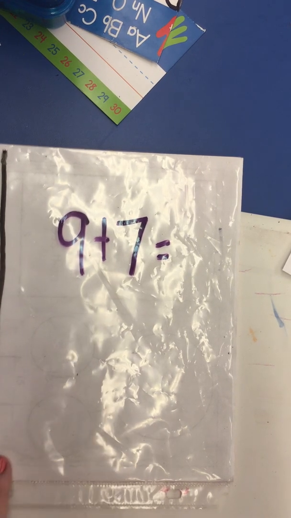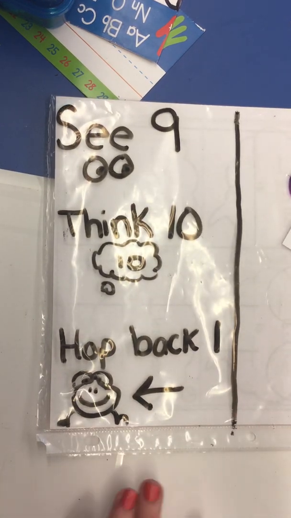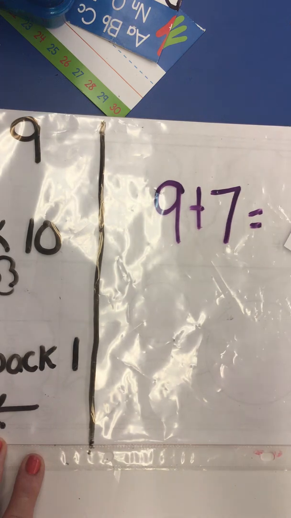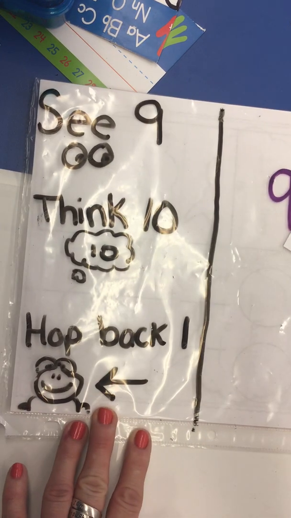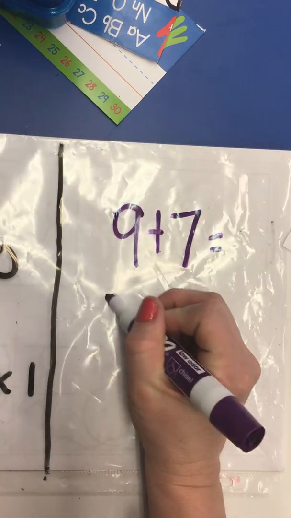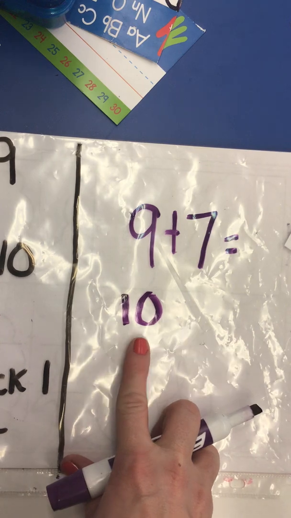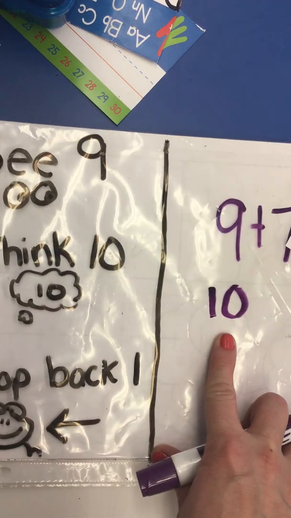Okay, so yesterday we learned C9. Do we see a 9 here? Yep. Think 10. We're going to be doing this more in our heads, guys, not on paper, but I'll put it on the paper for now. Think 10.